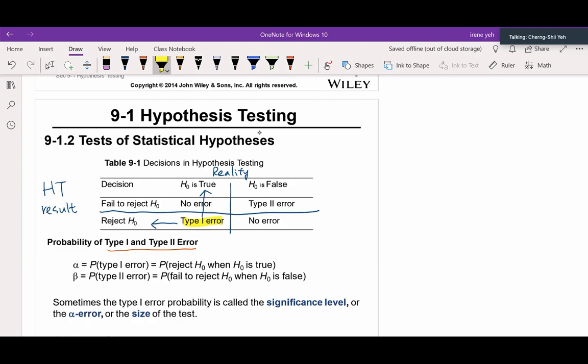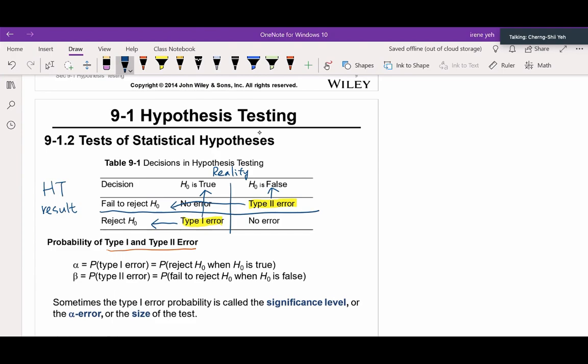Let's look at this top quadrant. Type 2 error is when your hypothesis testing tells you we failed to reject it. We cannot reject the H0, so we have to conclude it. But in reality, your H0 is wrong. You are concluding a wrong statement.